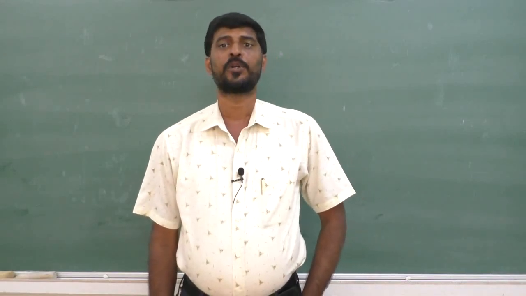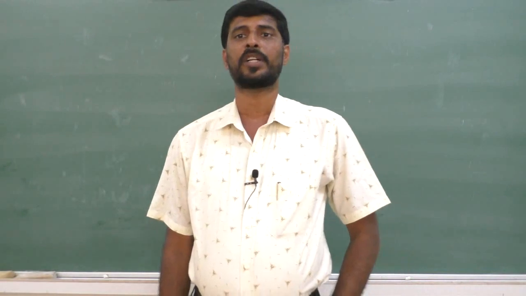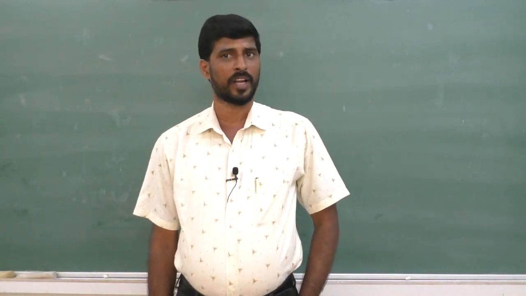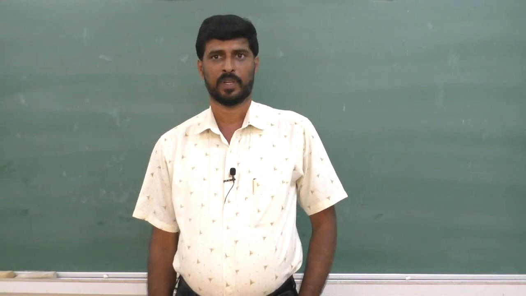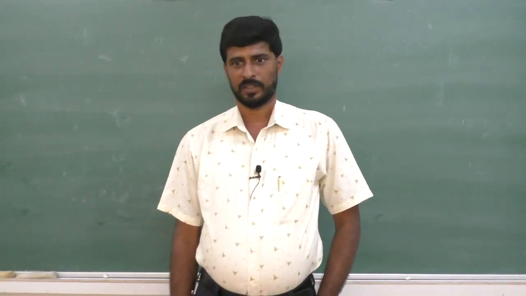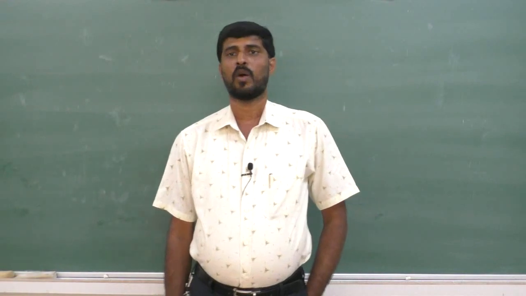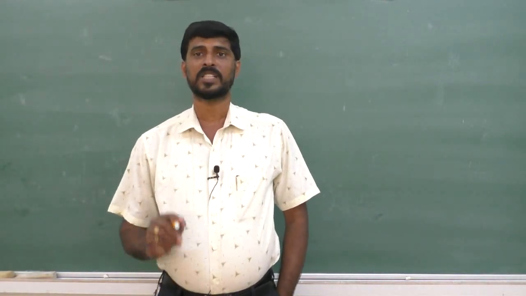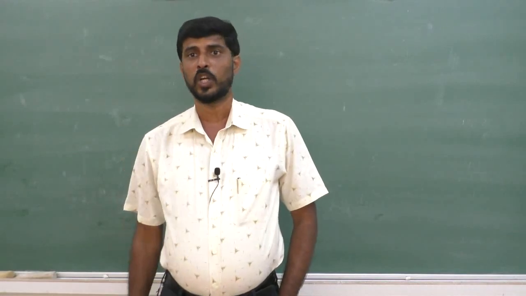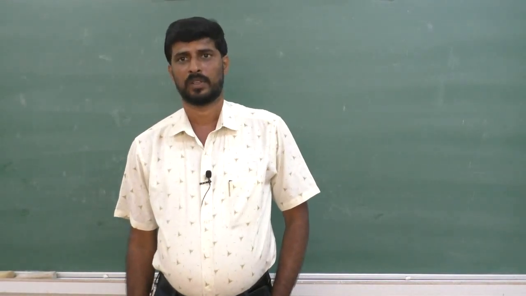Today I am going to discuss a very important topic, that is aldehydes, ketones and carboxylic acids. In the last chapter we discussed the functional groups where a carbon atom is connected to oxygen through a single bond.